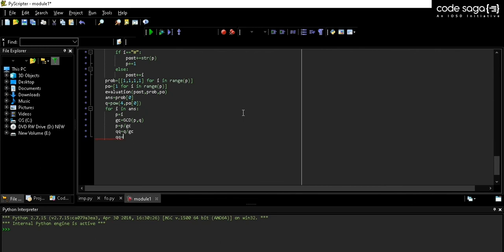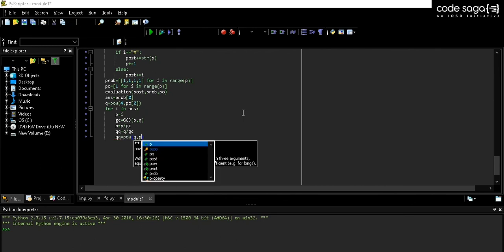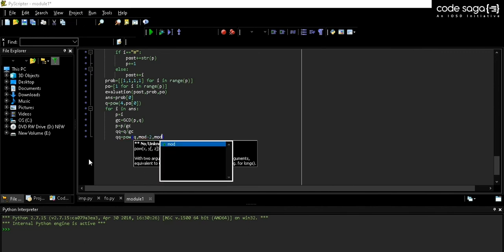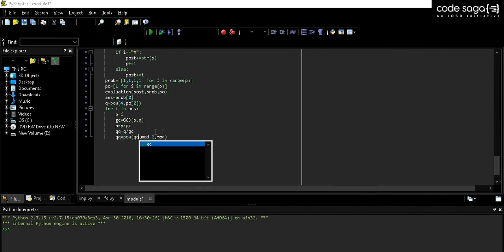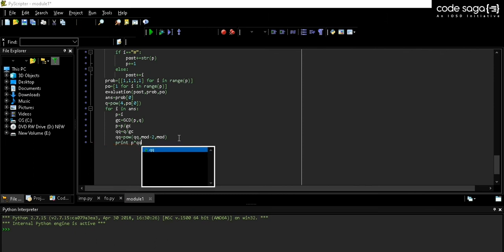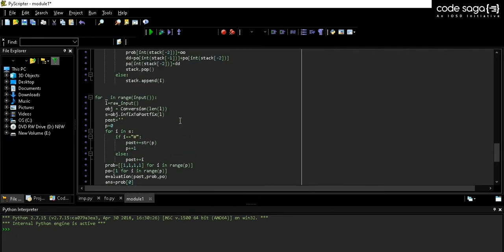So I will write here, so I already have q, so all I need to do is mod minus 2 comma mod. So this will be q raised to the power mod minus 2 mod. Now all I need to do is print p into qq and modulo it. So this will be my answer.